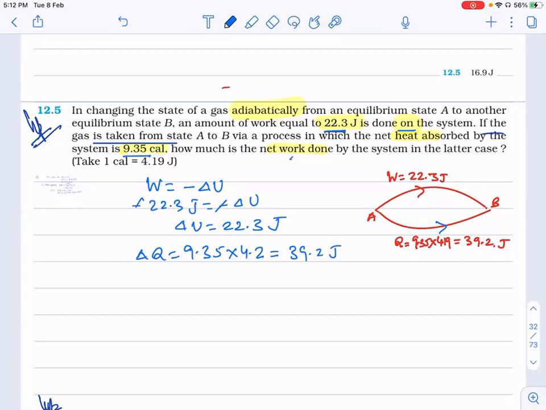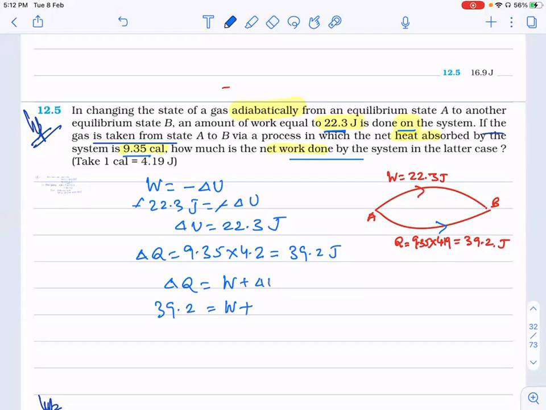How much is the net work done by the system in the latter case? So we use the first law of thermodynamics: heat supplied is equal to work done plus change of internal energy. Heat supplied is 39.2. Work done we have to find out. Change of internal energy is independent of process.